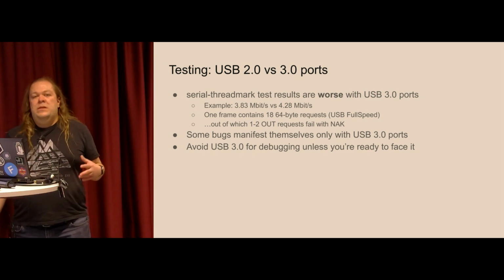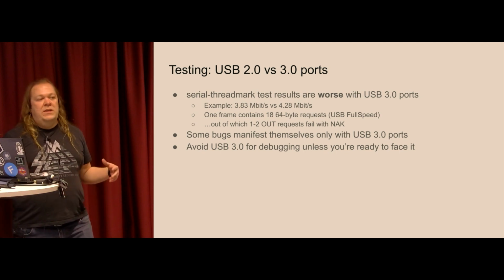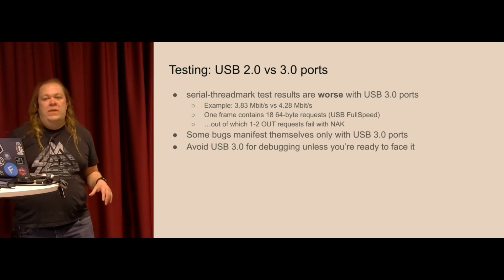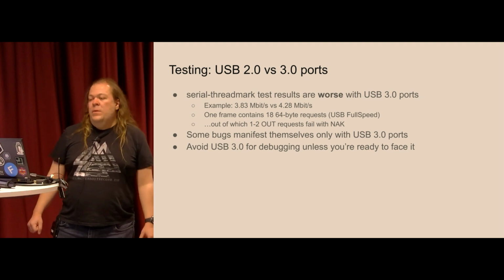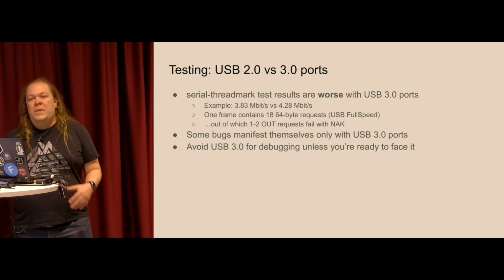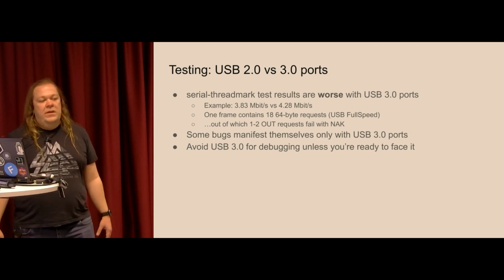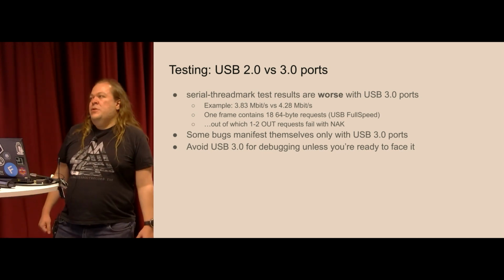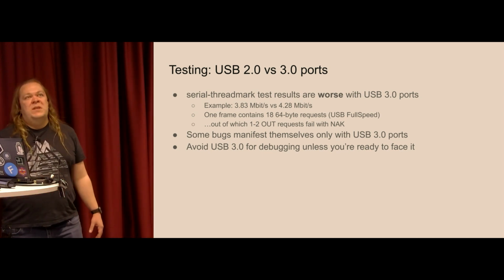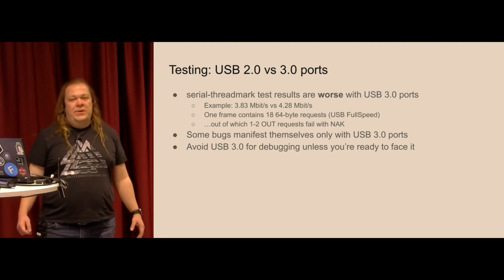In this case, the microcontroller is able to handle all the packets because all the writes arrive with some gap between them. But with 3.0 ports, some write operation can happen right after another. And in this case, if double buffering doesn't work or is not implemented fully, then one of the write operations will fail. And due to the nature of USB, it is more expensive to fail a write operation toward the device than to fail a read operation towards the host.